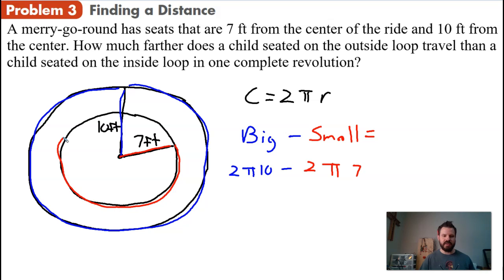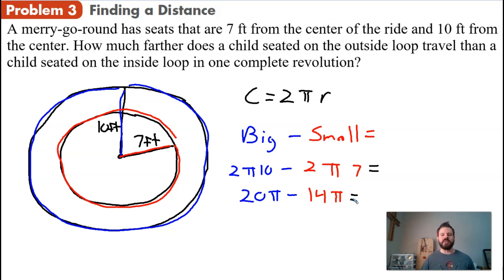And that formula is going to give us the distance around that smaller circle. How can I rewrite that? Well, for now, I'm just going to multiply the numbers through. 2 times 10 is 20. So I'm going to say I have a 20 pi, minus 2 times 7 is 14, and we get a 14 pi.